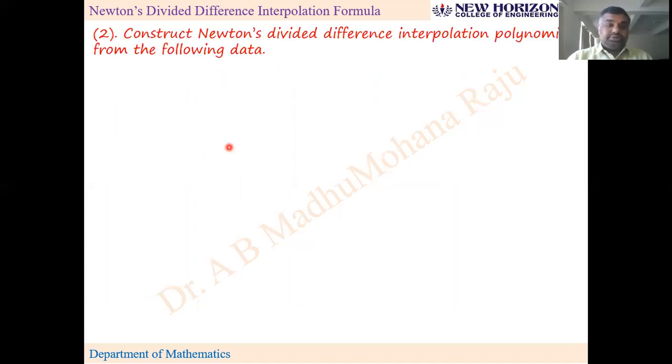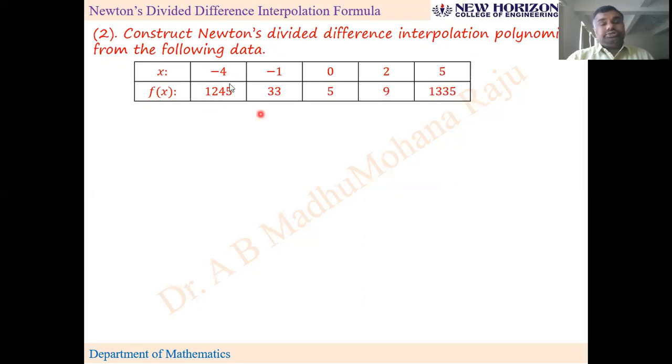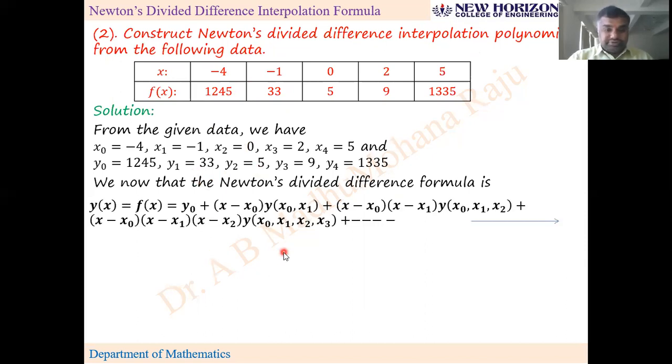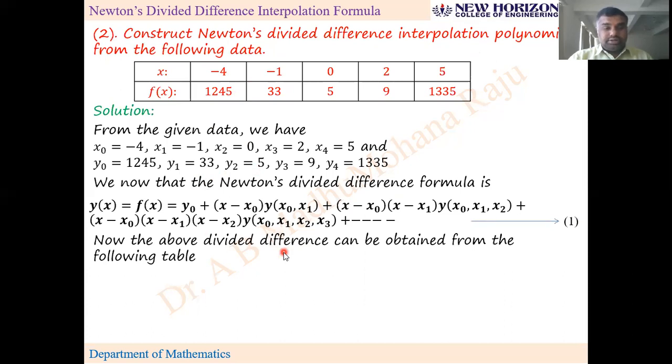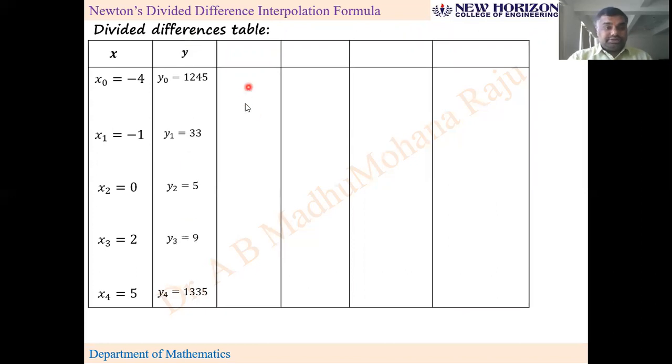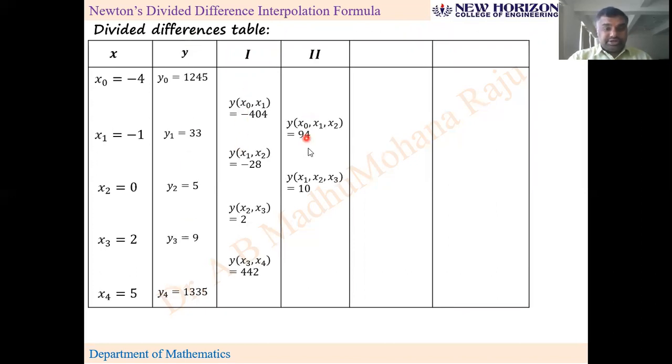Next. Construct the Newton's divided difference interpolation polynomial from the following data. So instead of asking for a particular value, it is asked to construct the polynomial which satisfies these given values. You list out x values and y values, Newton's divided difference formula, and the table for divided differences: x values and y values, first order, second order, third order, and fourth order divided differences.